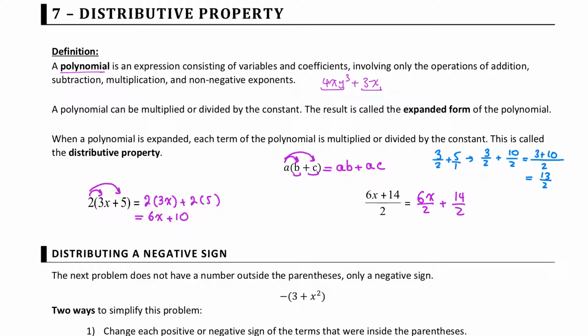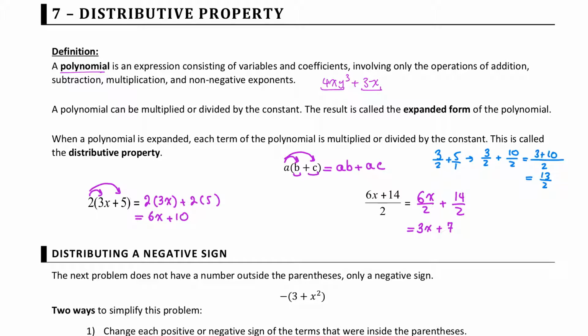So what I've done is I said 6x divided by 2, so that's my first term divided by the constant, plus my second term divided by the constant, which has given me this. Now to simplify this further, 6 divided by 2 gives me 3x, and 14 divided by 2 gives me 7. And this is the most simplified form of the fraction.